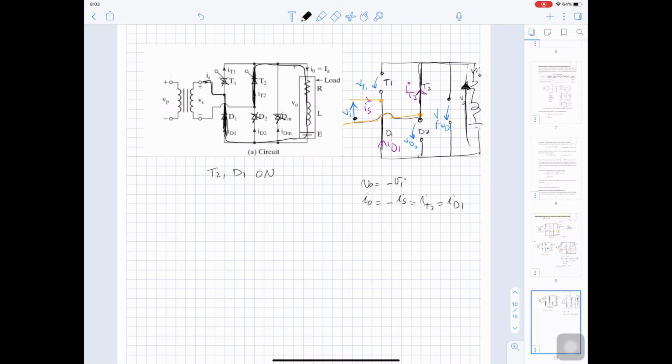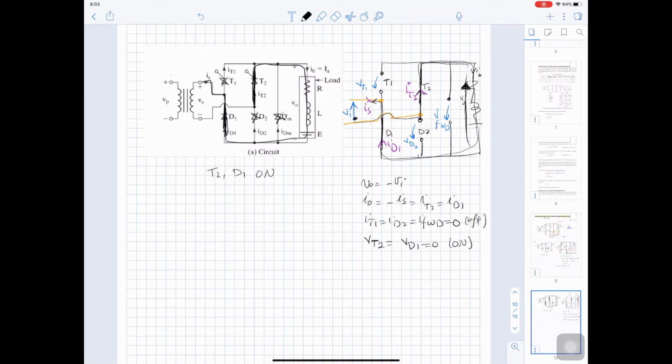So I thyristor 2 is the same as I out, the same as I diode 1, but it is negative I source. I thyristor 1 equal I diode 2 equal I freewheeling diode equal 0, because all of them are turned off. V thyristor 2 equal V diode 1 equal 0, because they are on.